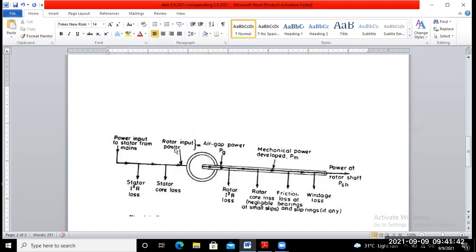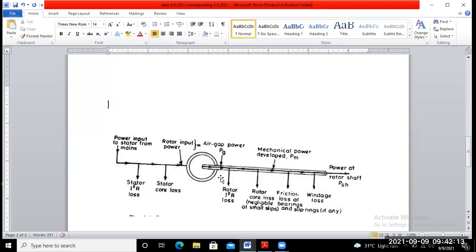This is the rotor input power, also called air gap power. We already discussed this in the previous class. These two losses take place in the stator part, and from this point onward, whatever happens in the rotor part, we mention here.